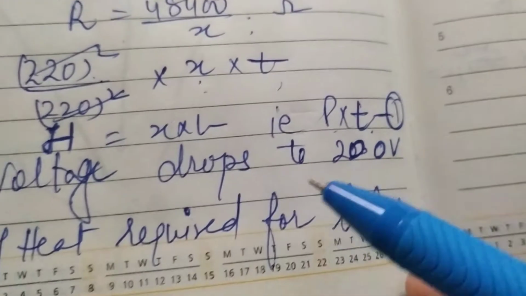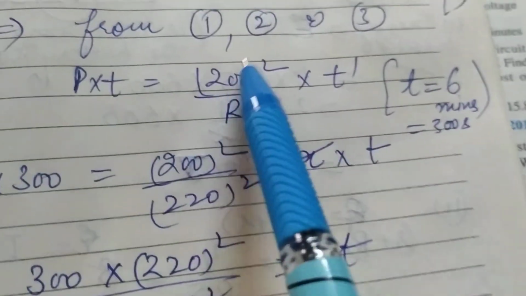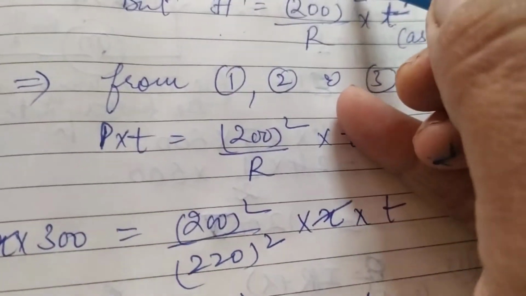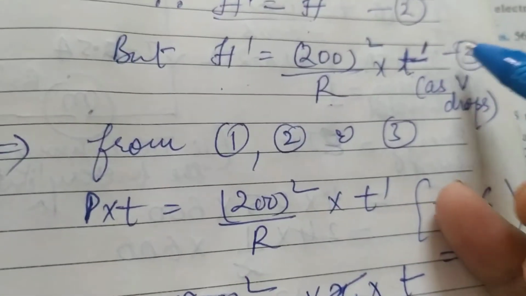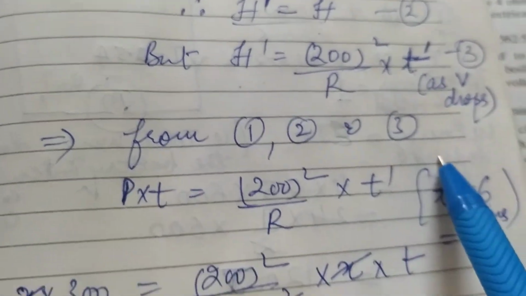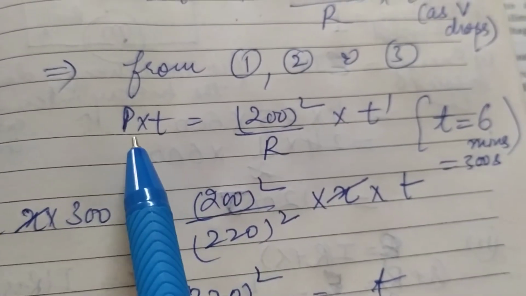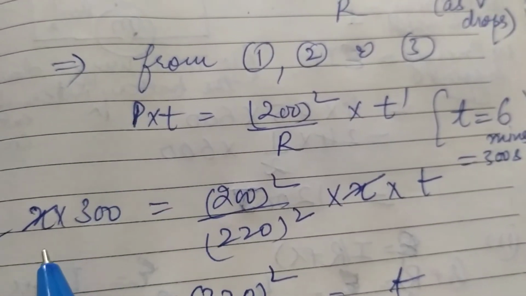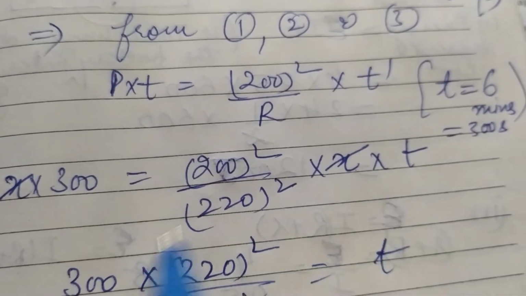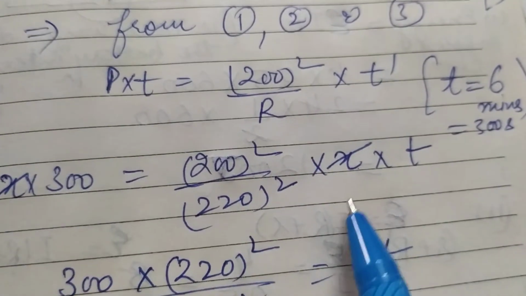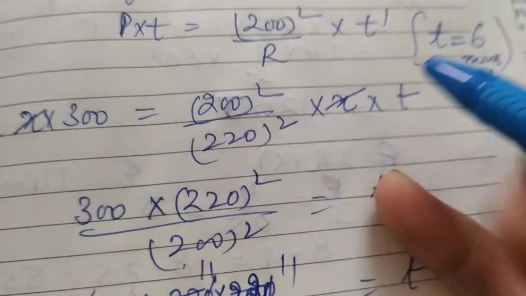So from my equation number 1, H was P into T, and H dash equal to H, I have taken as equation number 2, and this can be equation number 3. So from equations 1, 2 and 3 I may equate these H and H dash. And now for P I will put the value X, for R again 220 squared by X. X will go off, and after a little bit of calculations I will find out what my new T is.